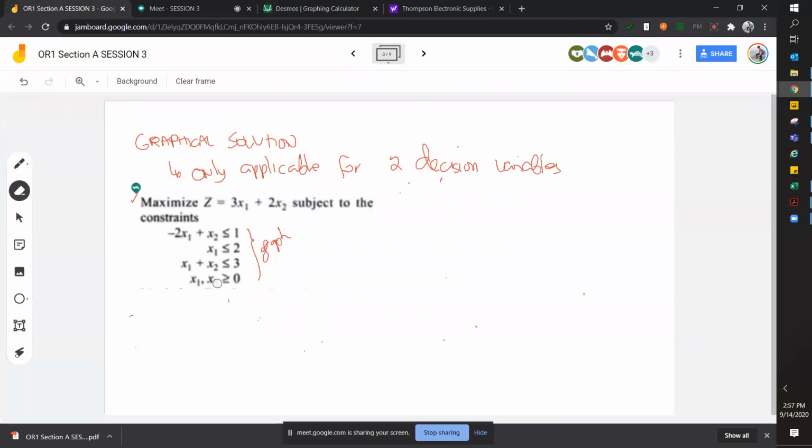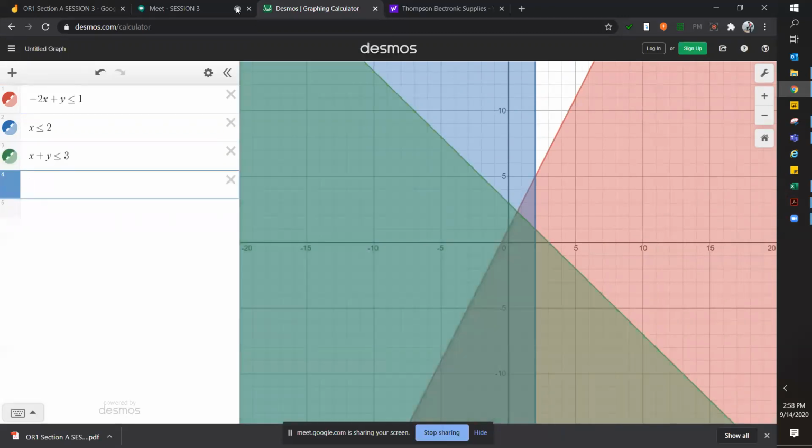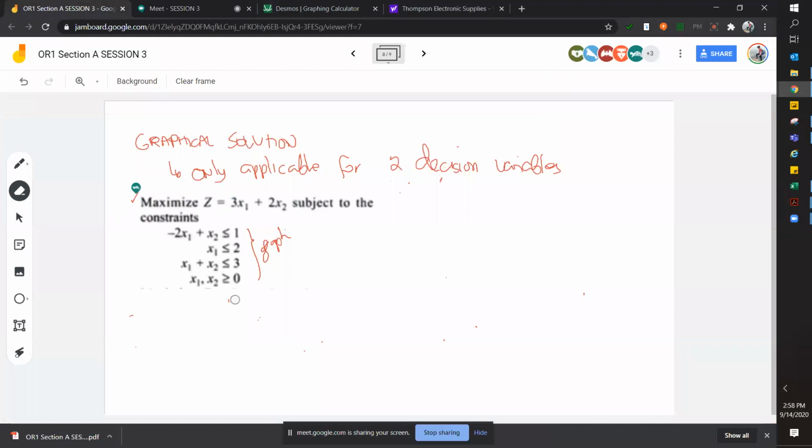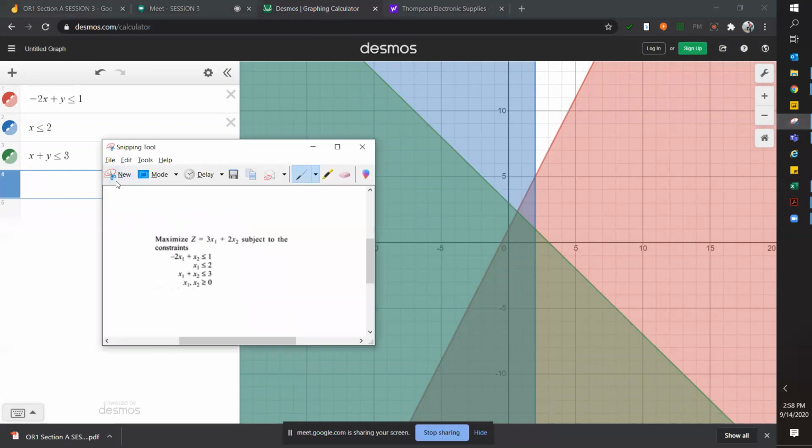Ayan. X and then 3. Again, I'm just using y here kasi yun yung nakalagay dito. Y less than or equal to 3. And then, ayan. Okay. So, yan yung dapat na maging itsura ng ating graph.